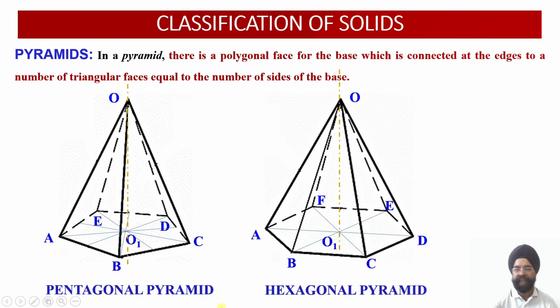So in case of all of these solids, the number of points which have to be dealt with is n plus 2: n for the number of edges of the base, plus 2 points of the axis. So in order to complete the projections of the oblique hexagonal pyramid, 6 plus 2, 8. So 8 points will be required for every projection.